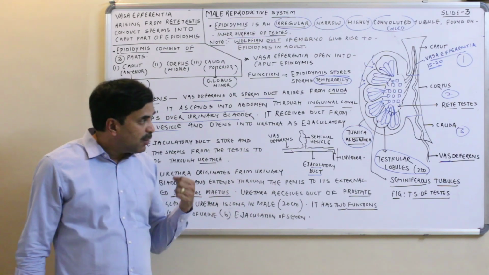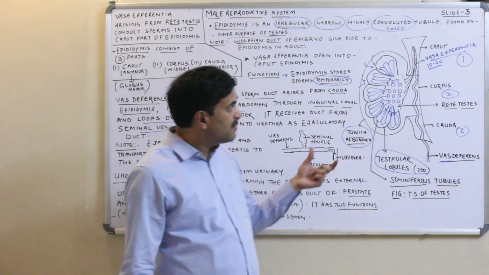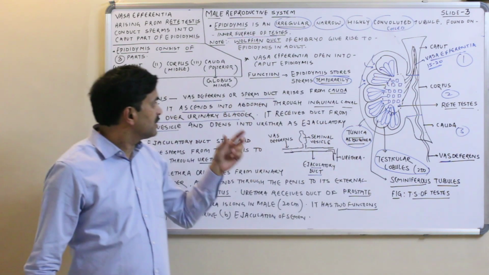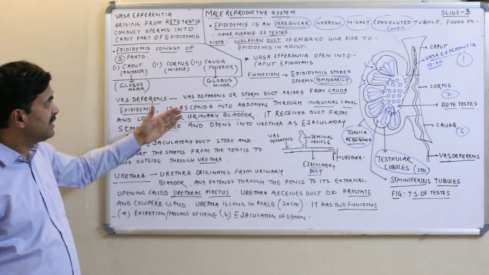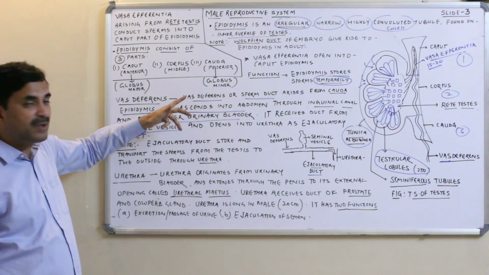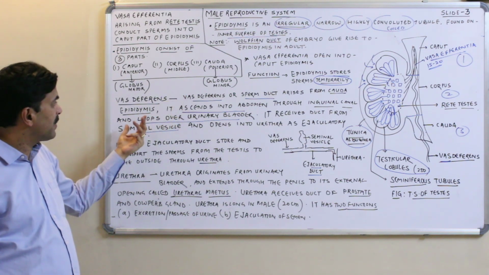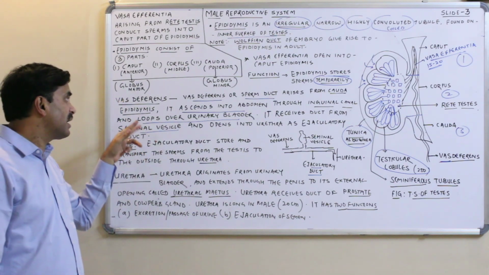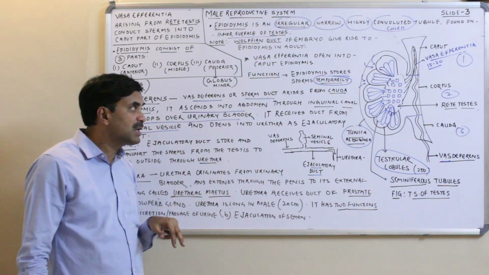Now after studying this, we must know how all these things connect. I have said that the vas deferens arises from the cauda epididymis and ascends into the abdomen through the inguinal canal, and then it loops over the urinary bladder.